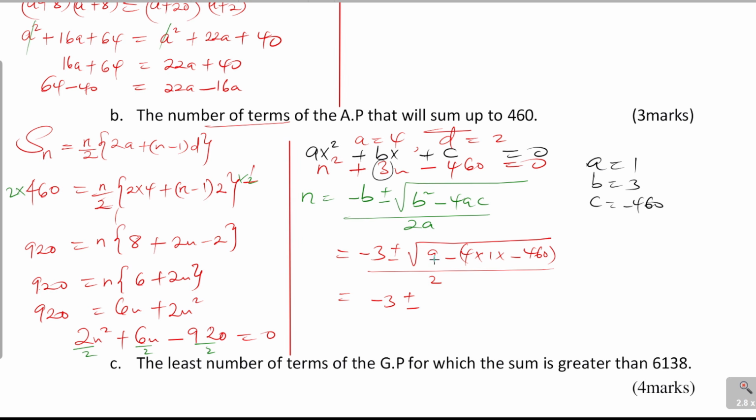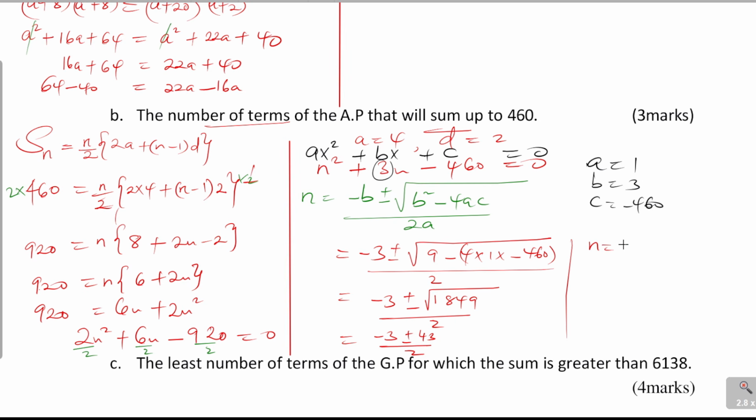I'll work out everything here. 9 subtract 4 times, this will be positive. So when you work out everything inside the root sign, you'll get 1849 with the root sign there, then divide by 2, which will give negative 3 plus or minus the root of 1849, which is 43, divided by 2. So from here, you'll get two values of n.